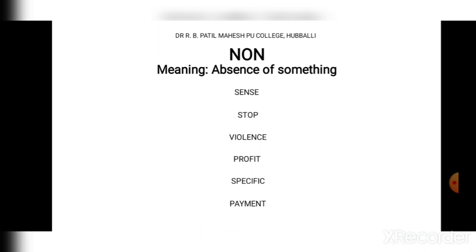So these are a set of words that go with non. There are umpteen such words, but I have selected 6 each for every prefix. The next one is un. Un means not.